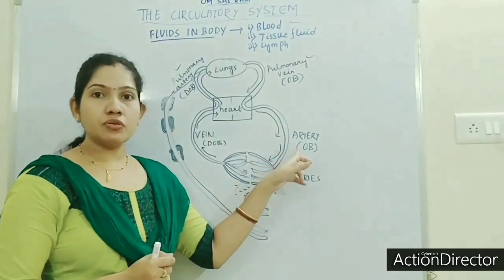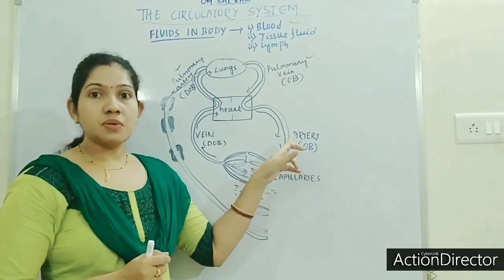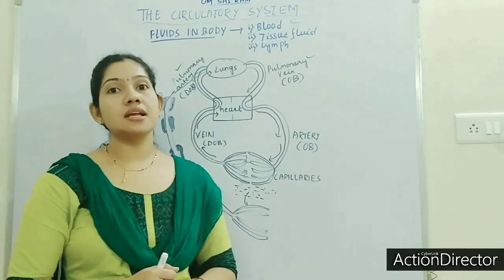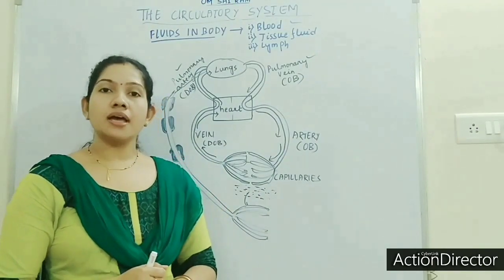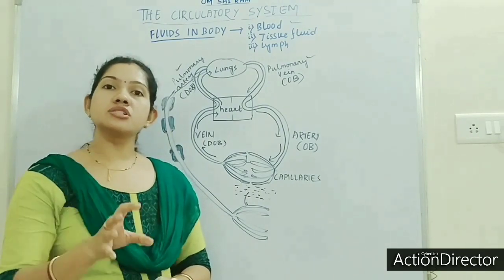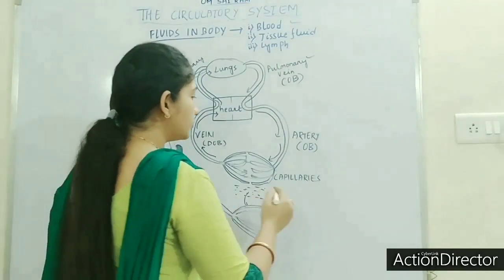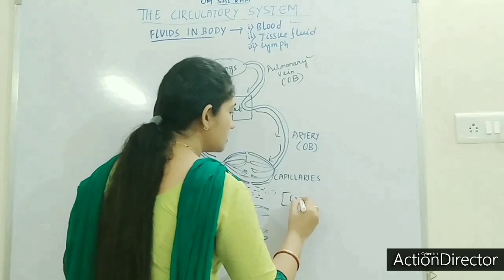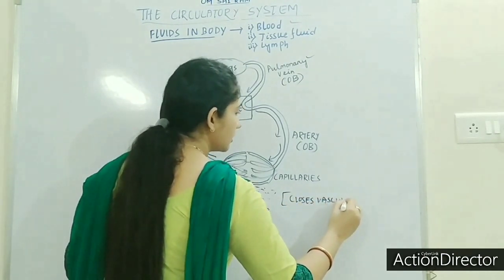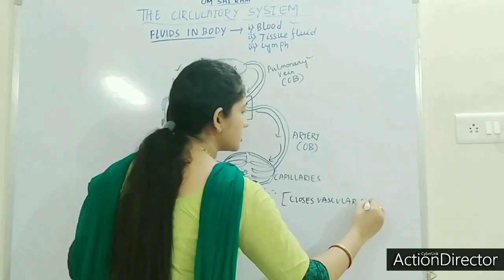Blood is present inside the blood vessel and lymph is present inside the lymphatic vessel. That's why this kind of system is known as a closed vascular system.